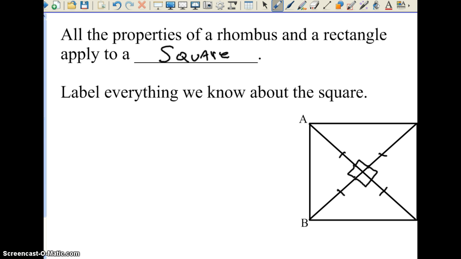And from rhombuses we know they bisect each other. So those are all going to be equal. These angles are all going to be the same too. If that's 90 right there and it bisects it based on it being a rhombus, then this is 45 and that's 45. And all these pieces are 45.